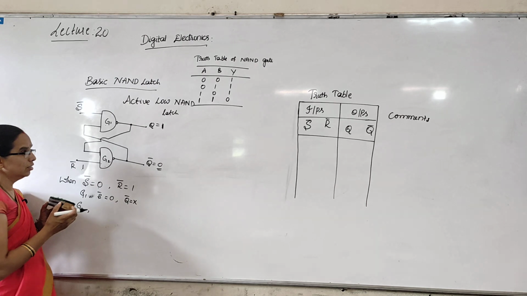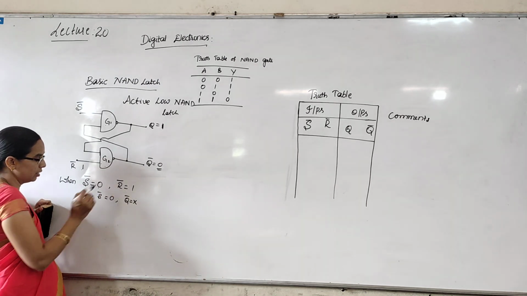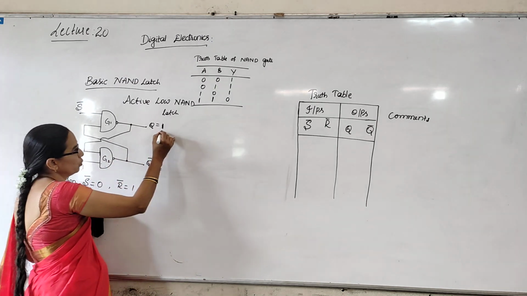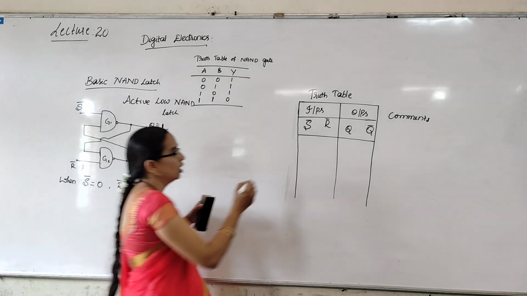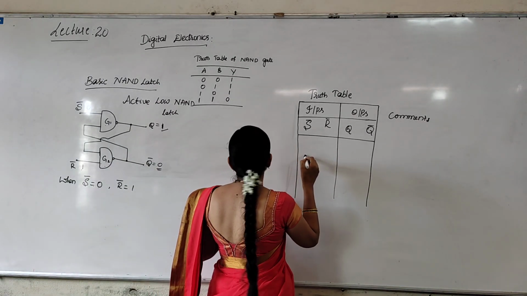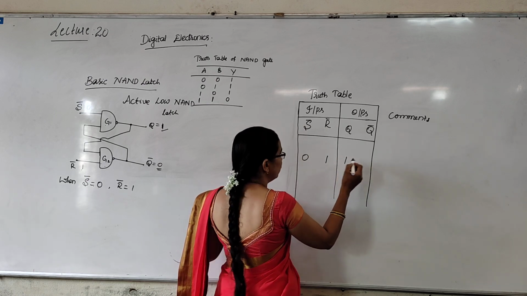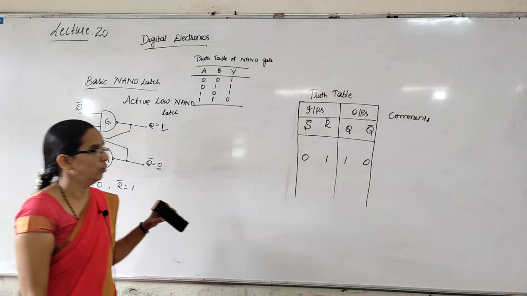So what happened when S bar is equal to 0, R bar is equal to 1? We got Q is equal to 1 and Q bar is equal to 0. Okay.